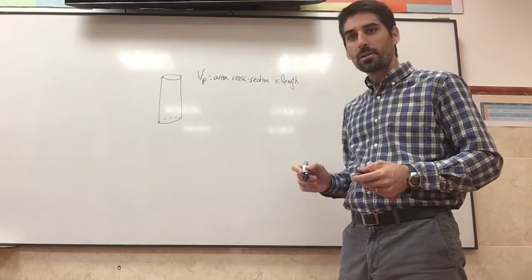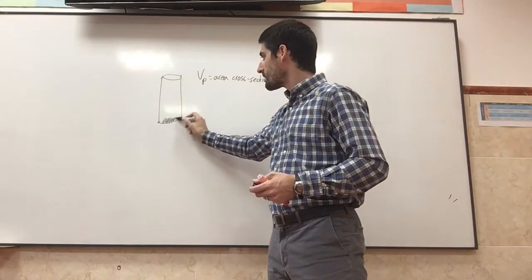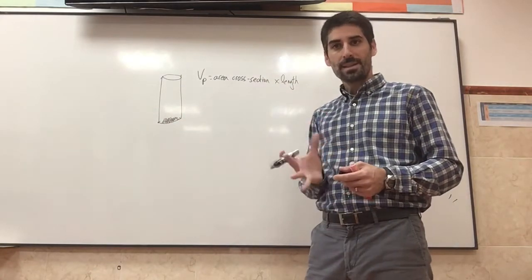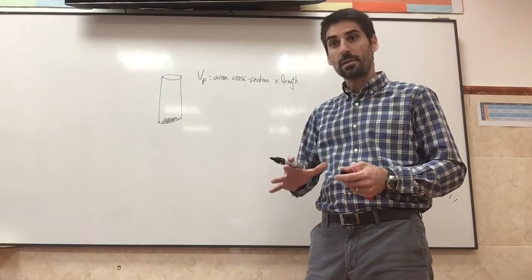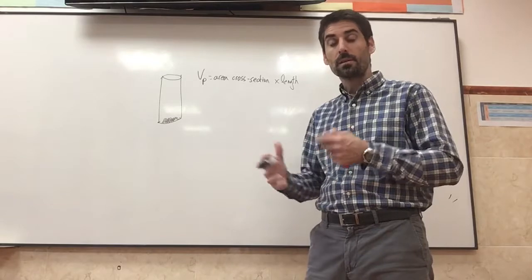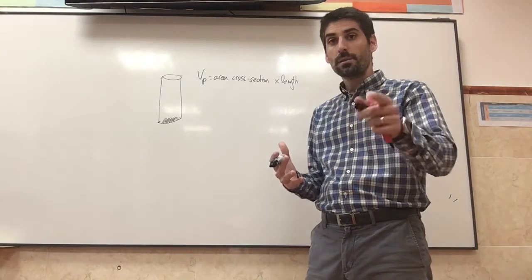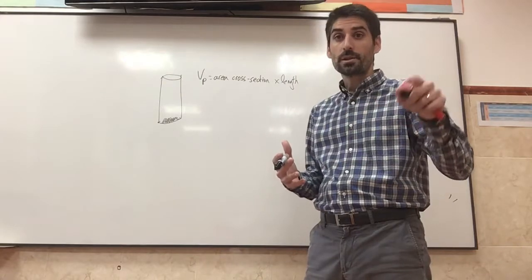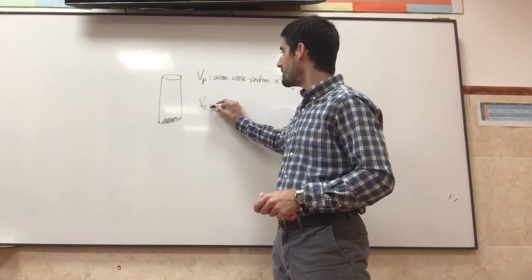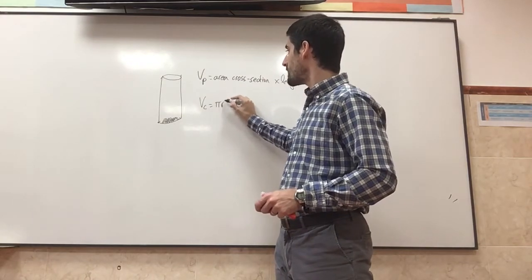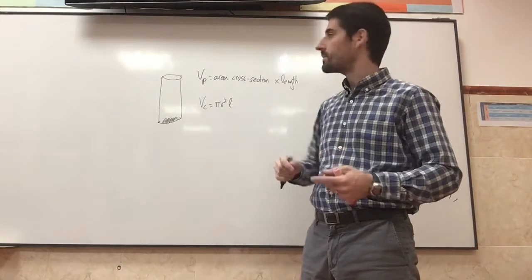Now the cross section is going to be the circular base, so we need to find the area of a circle. And what was the formula for the area of a circle? It was pi r squared. So the volume of the cylinder is going to be pi r squared L, where L is the length of the cylinder.